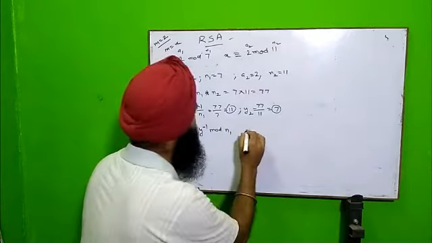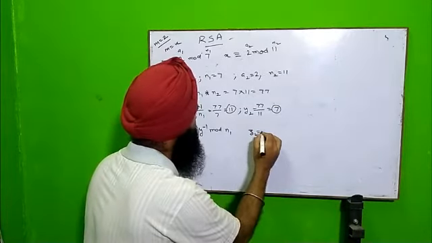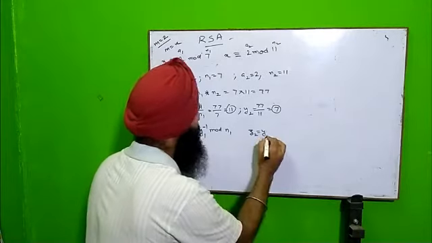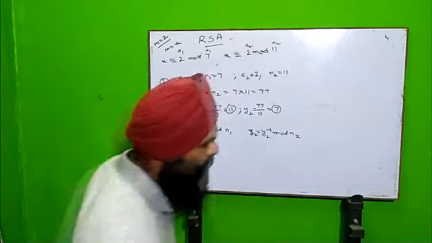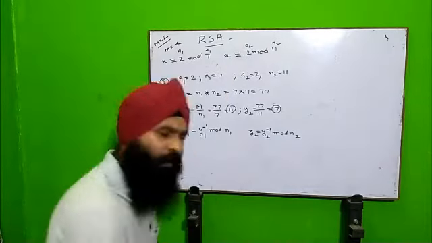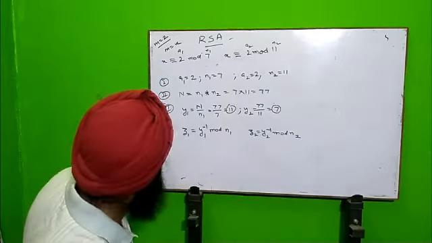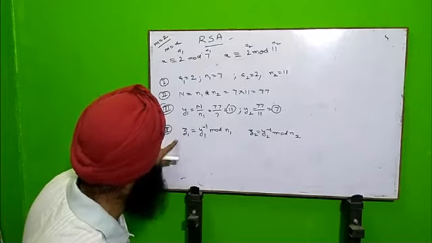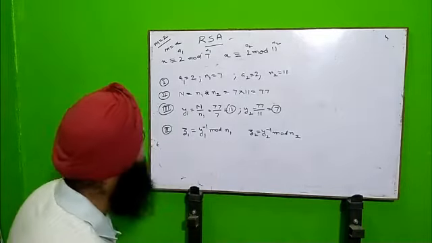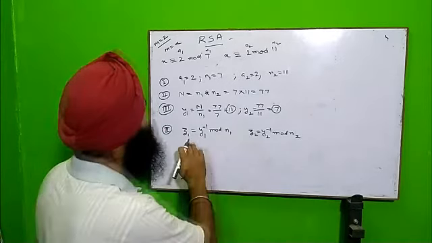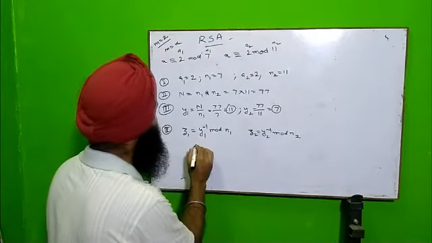and z2 that is equal to y1, y2 inverse mod n2. So that was the implementation of Chinese Remainder Theorem, the general one. So here we are going to solve these two equations, z1 and z2. So let's put the value.